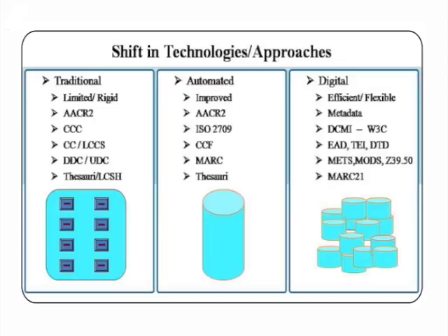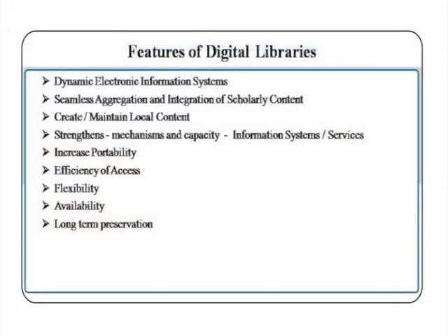So new technologies like DCMI, W3 Consortium, DTDs, METS, MODS, Z39.50, MARC 21, all these become the technological words related to digital libraries for the efficient and flexible management of the collections. In this context, let us look into what are the features of a digital library.